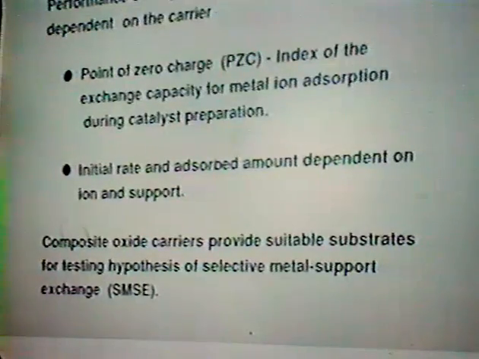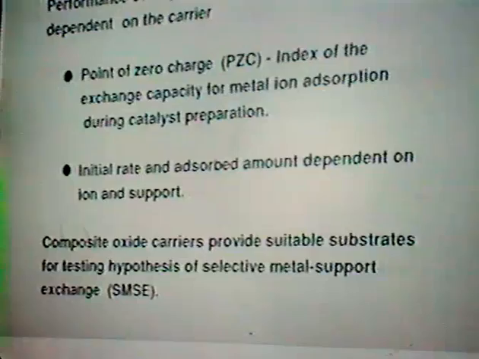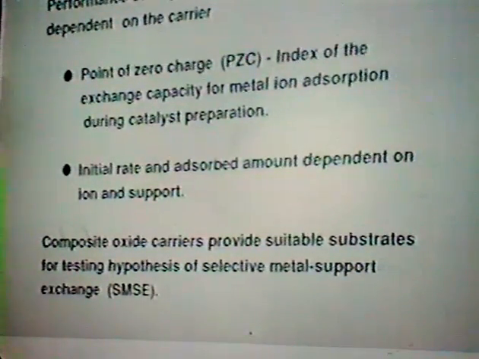First, these concepts emerge from colloidal and interfacial science. The point of zero charge, the PZC, is an index of the exchange capacity for metal ion adsorption during catalyst preparation, and the initial rate and the adsorbed amount depend on the ion and the support.